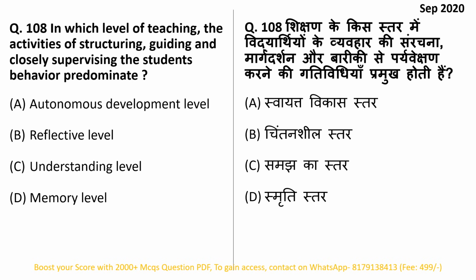Options are autonomous, development level, reflective level, understanding level, or memory level. The right answer is option D, memory level. So here rote learning is motivated, where the teacher guides and lectures the students, helps students to learn the facts. So that is memory level of teaching.